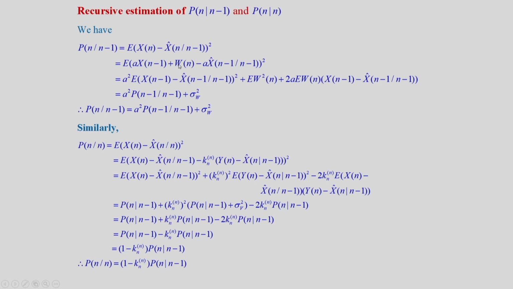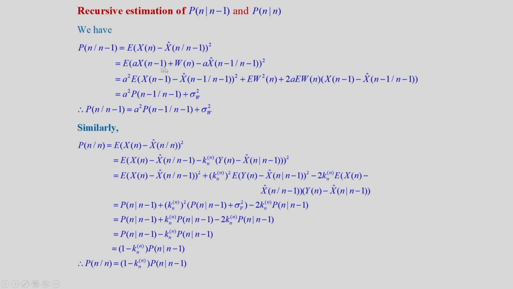Then w_n, so E of w square n. Then there will be cross terms, 2 times a into E of w_n into (x_(n minus 1) minus x hat n minus 1 given n minus 1).